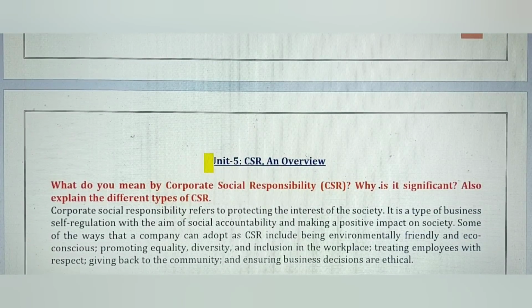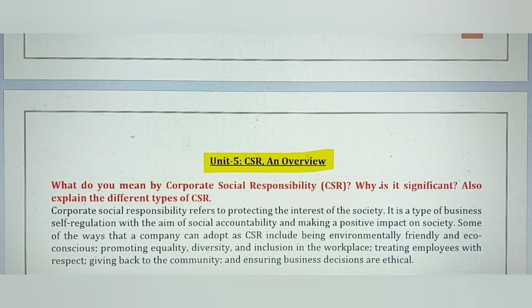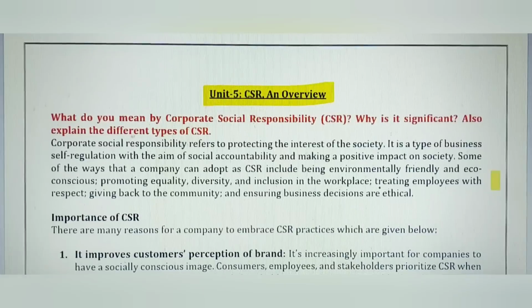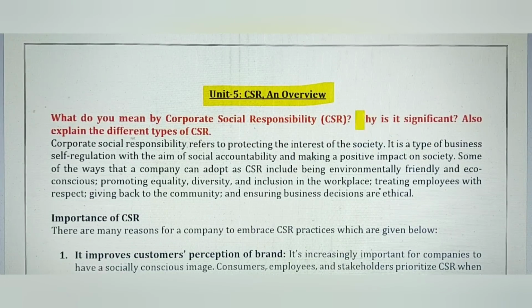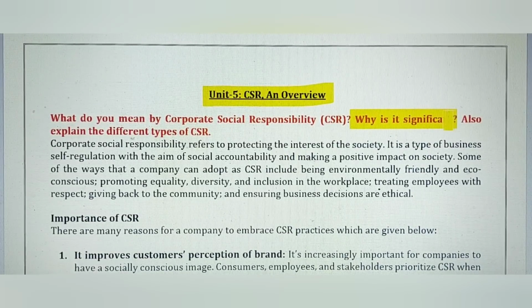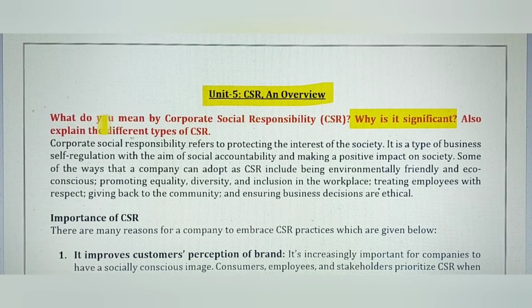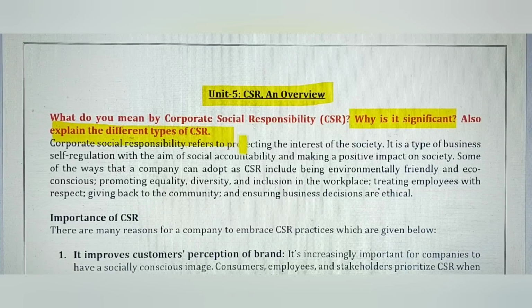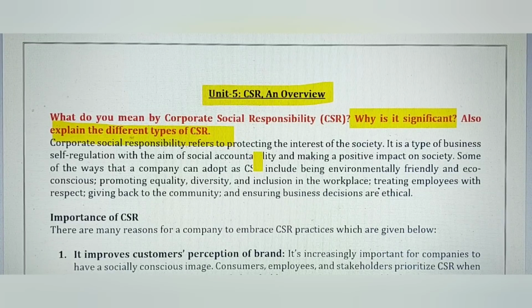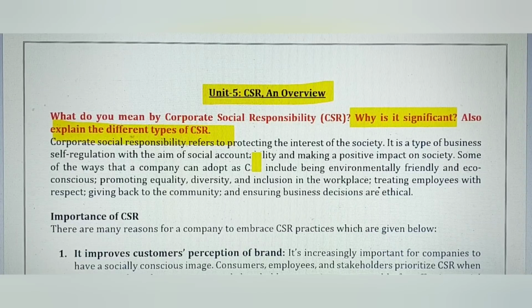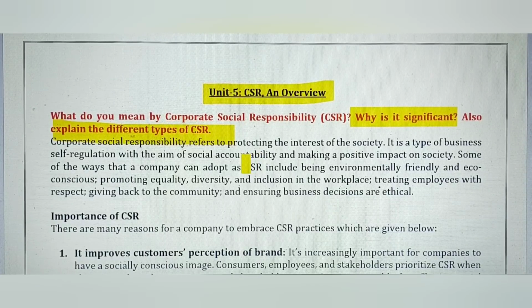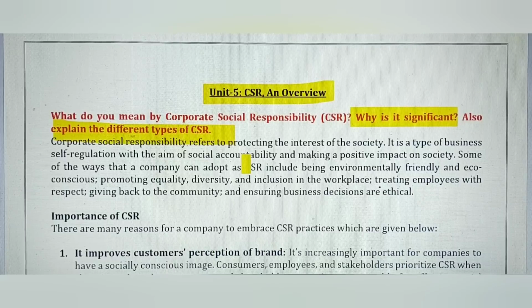Let's move on to Unit 5, CSR and overview. From here you must revise what you mean by CSR and why it is important for a company to adopt CSR, and explain the different types of corporate social responsibility. As we know, CSR is obviously important for the long-term sustainability of a firm.